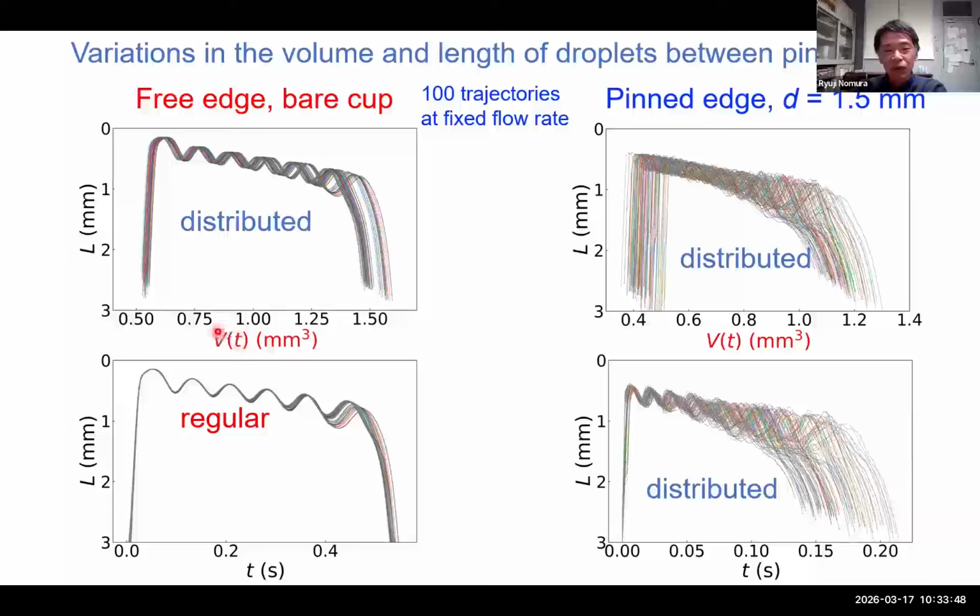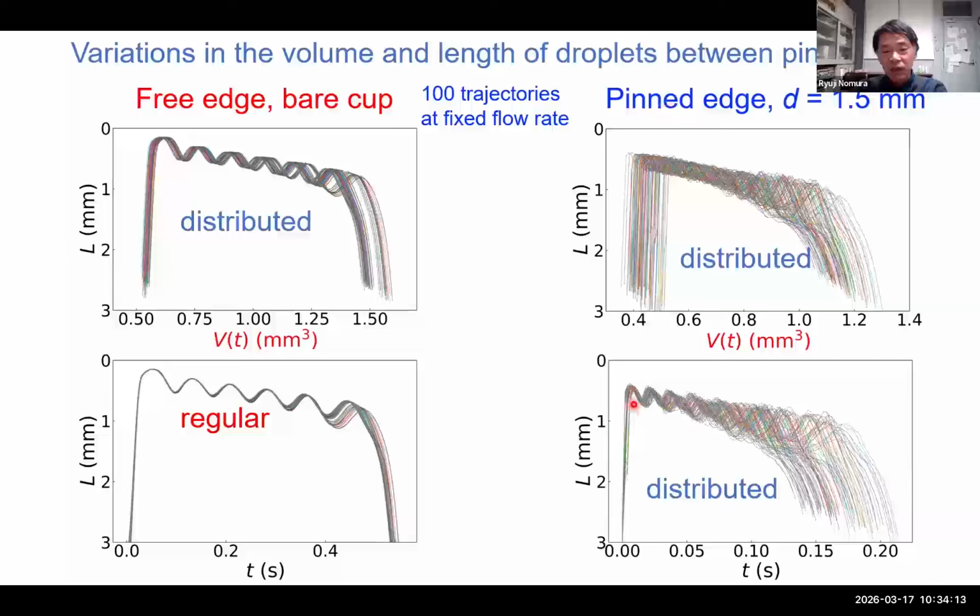When we plot L against the volume, there is a distribution, but when we plot this length L as a function of time, the distribution disappeared and they followed exactly the same trajectory like this. And it has a distribution only in the final stage of this dripping for this free edge case.